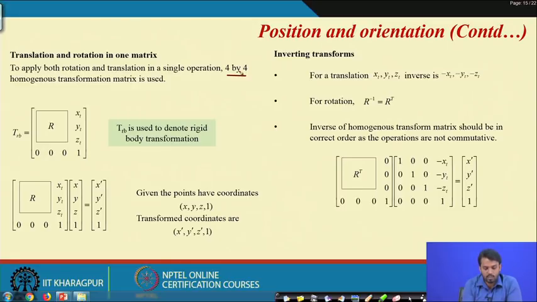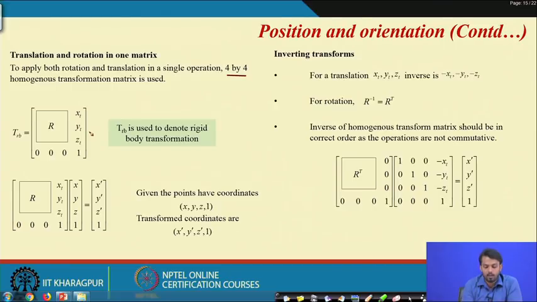For that homogeneous transformation, a particular matrix is used, that is TRB, the rigid body transformation. In this TRB, R stands for the rotation matrix, along with XT, YT, ZT. So the matrix will be represented like this, a 4 by 4 matrix. The rotation has 3 components, then XT, YT, ZT is for the translation.